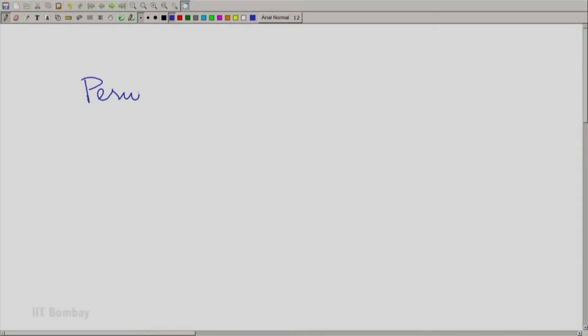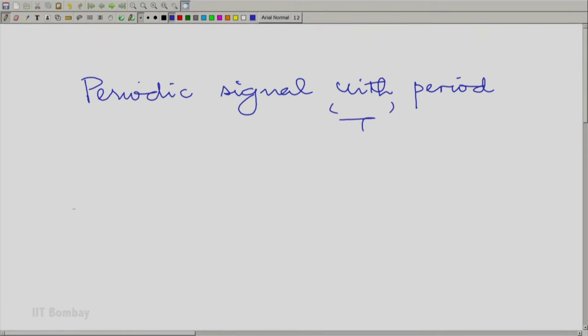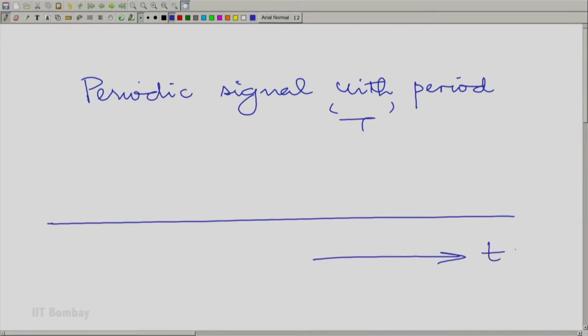So, let us consider a periodic signal with period T. In other words, if I take the axis of small t, the independent variable which is continuous in nature, I could divide this into intervals of size capital T. So, I could have minus T to 0 and then to plus T and then to 2T and then go on.